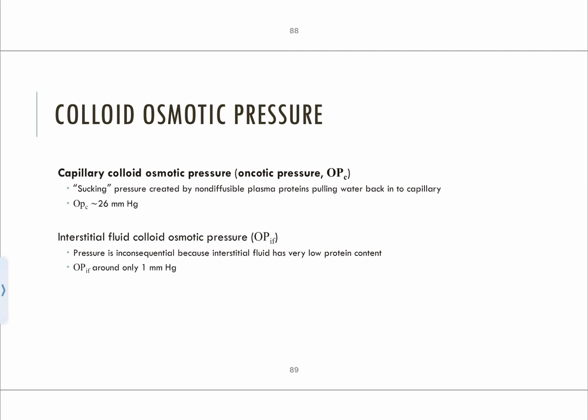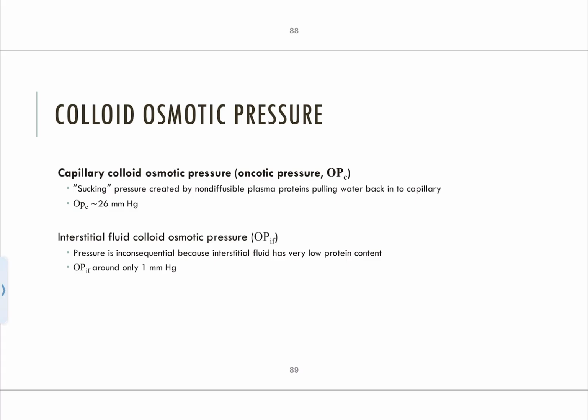Because we are leaving the larger proteins behind as we're pushing the fluid out of our capillary into the interstitial space, we also have an opposite pressure that's being created as a result of leaving those proteins behind. And that is the osmotic pressure because water naturally wants to flow back towards the high solute concentration, in this case protein concentration that's left.